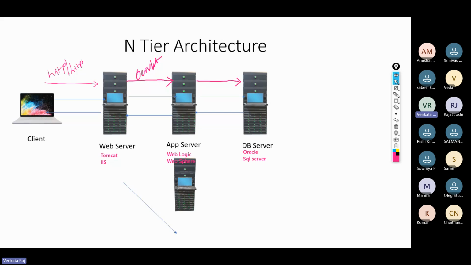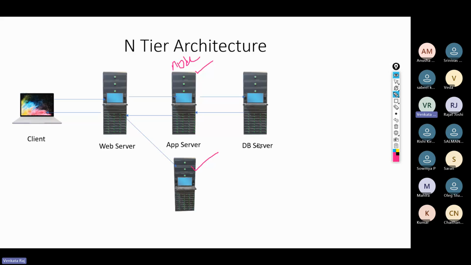Either they add additional servers, or they increase the capacity. This is called an app server instance. This is another app server instance, or you can call it a node.